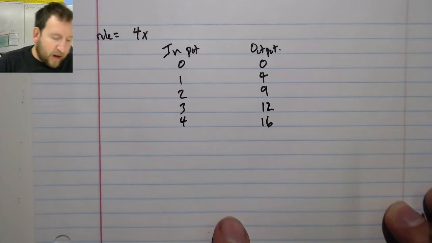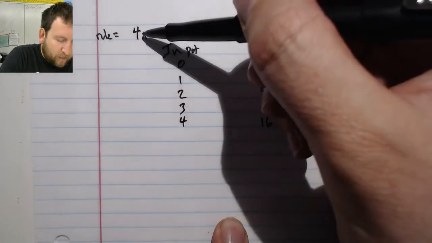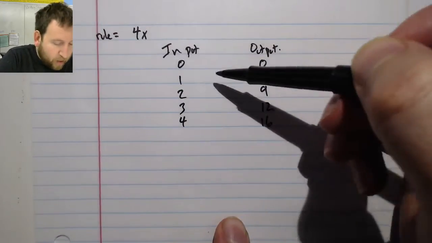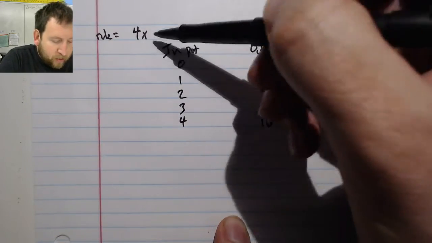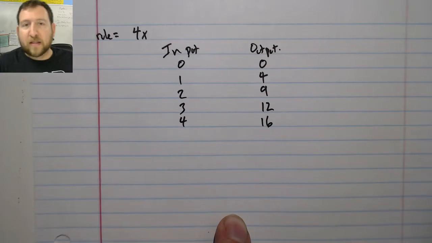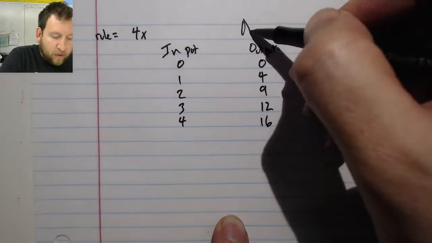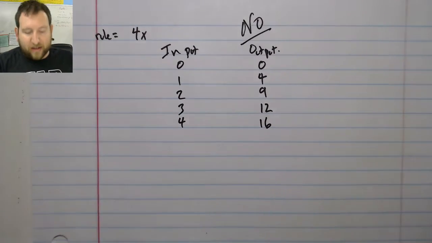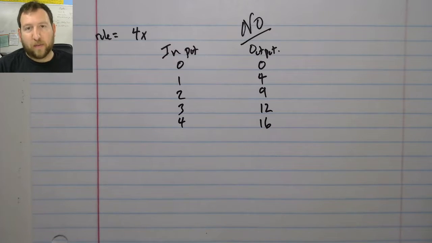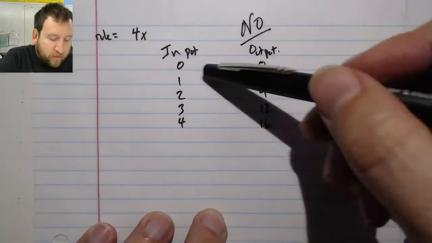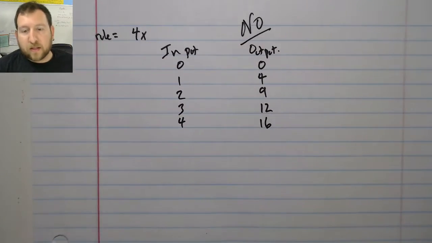We have to check each of these numbers. 0 times 4 is 0. 1 times 4 is 4. 2 times 4 is 8. It's not 9. So this table is a no. It does not work and is not correct, because we have to go in and check each of the values and see if there are any mistakes.